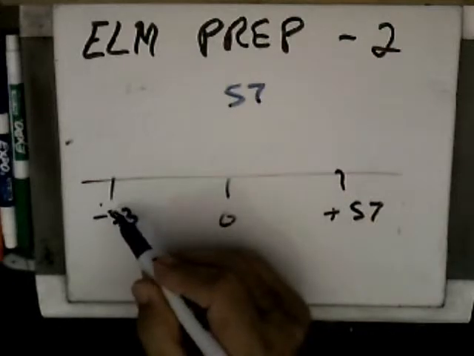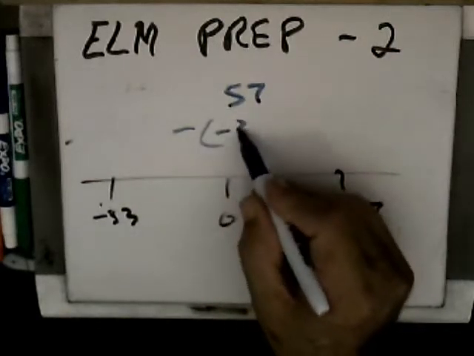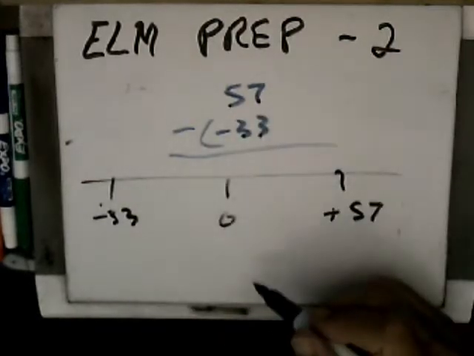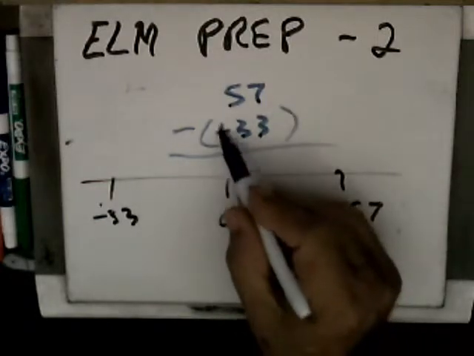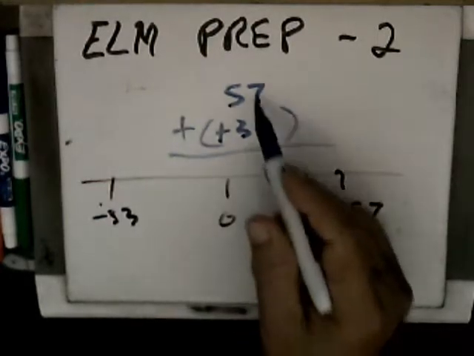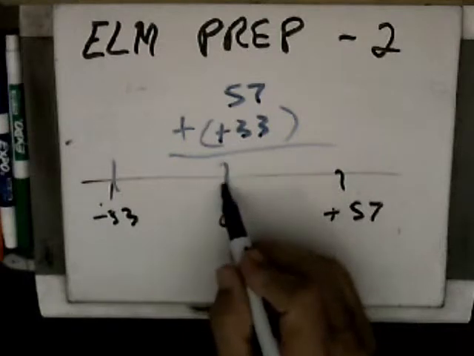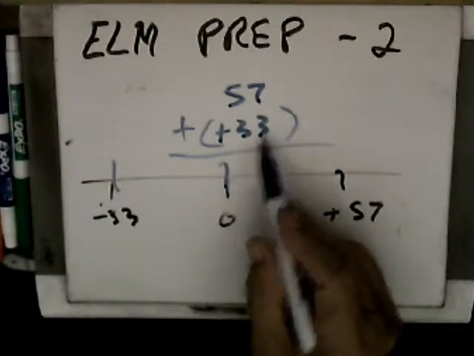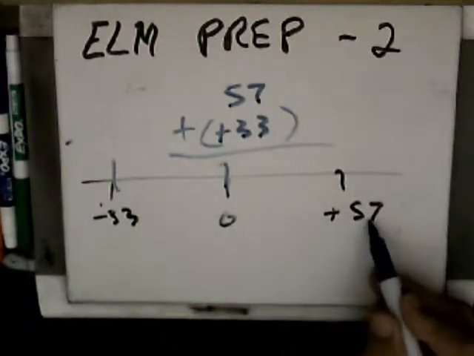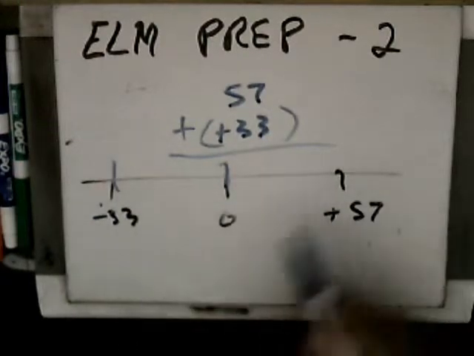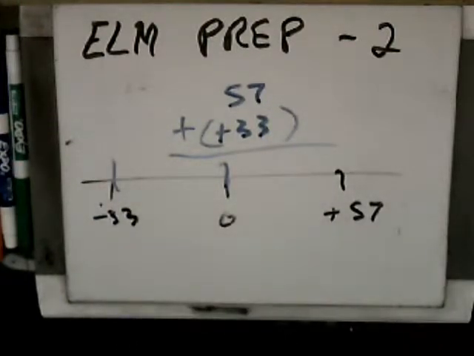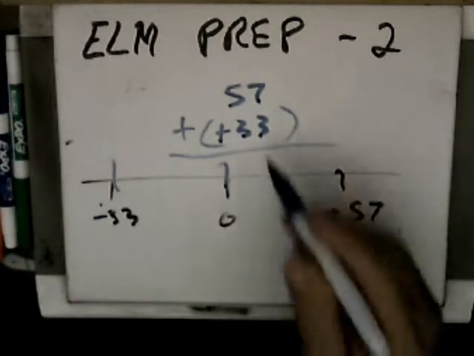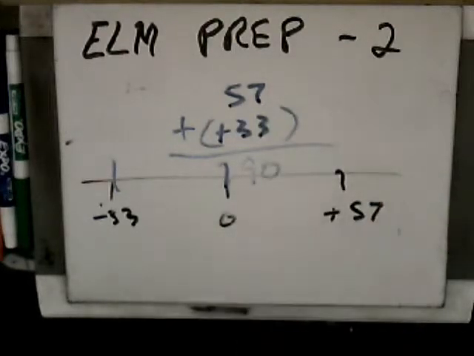And I subtract my originating destination of -33. Well, a minus times a minus is going to make this a plus. So once again, you see that I'm adding this absolute value here of 33 to the absolute value of 57 for a total distance between them. And that comes out to be a 90. Oh, that was nice. That number came out so nice.